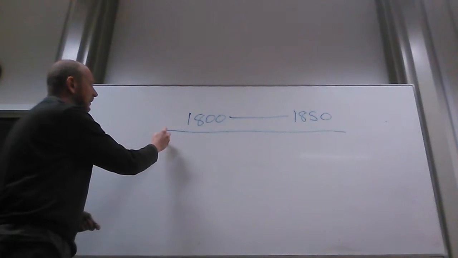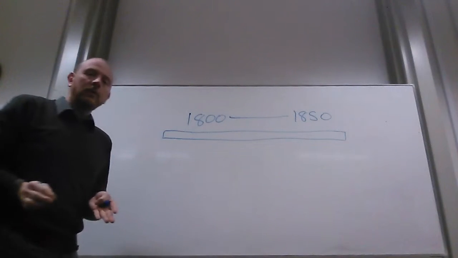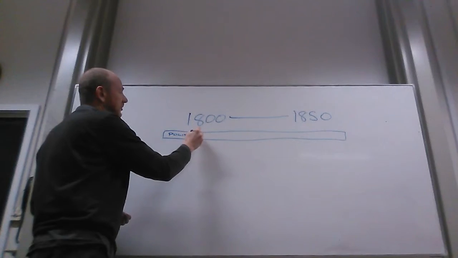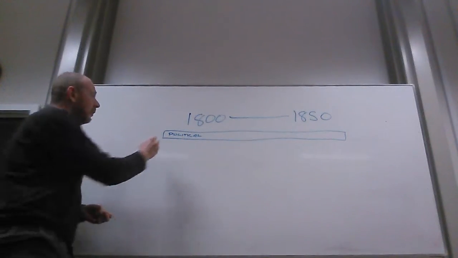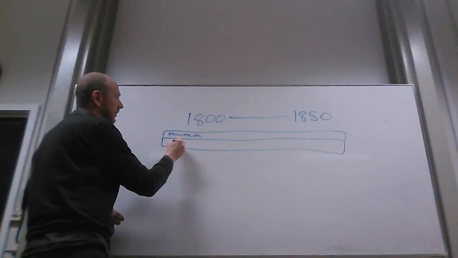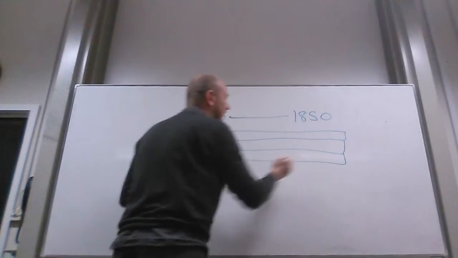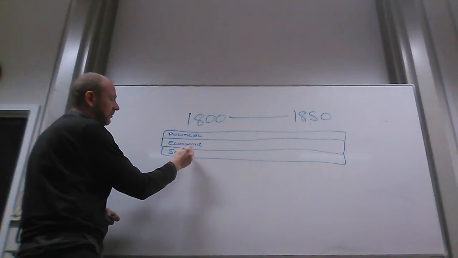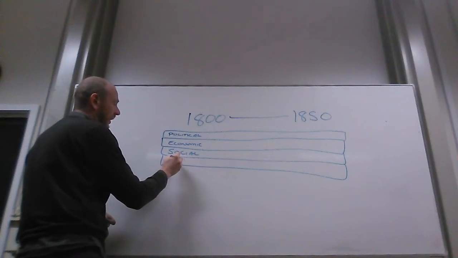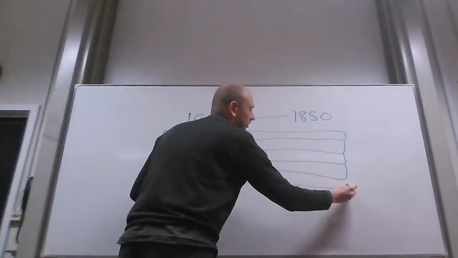It's a 50-year time period. So, for example, we might have political changes during that time. We might also have economic changes during that time. We will probably have some sort of social changes during that time. We will have cultural changes during that time.